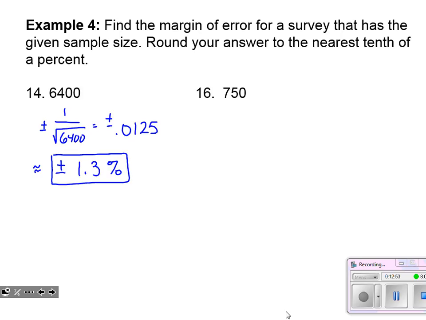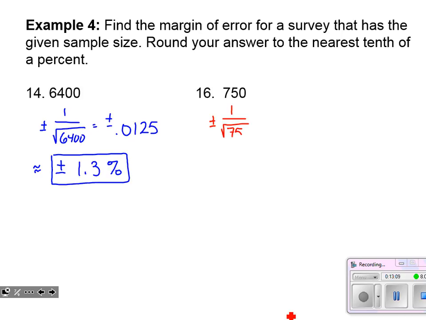Same process for number 16. So you can see we had a pretty small margin of error when we had that many people in our sample size, right? 6,400, that's a pretty large sample, so our margin of error is going to be pretty small. In number 16, here we have 750.